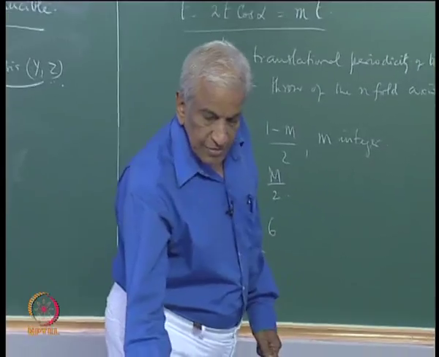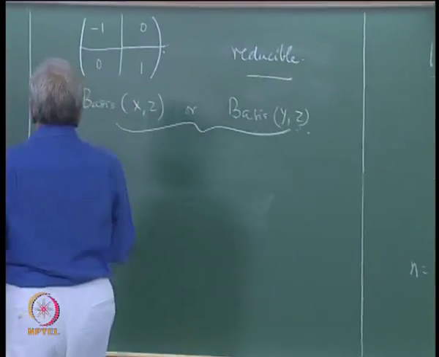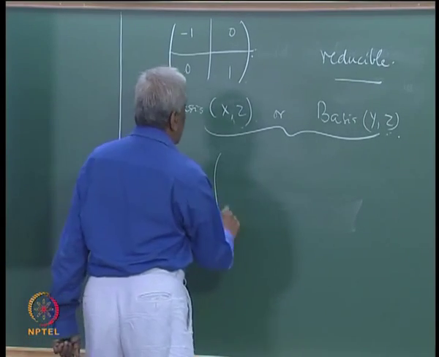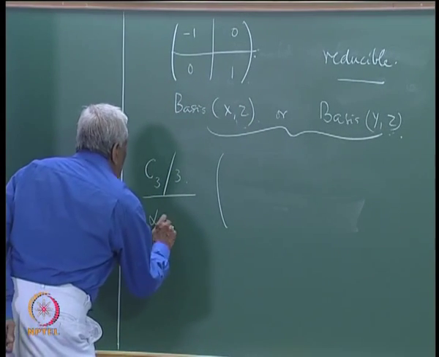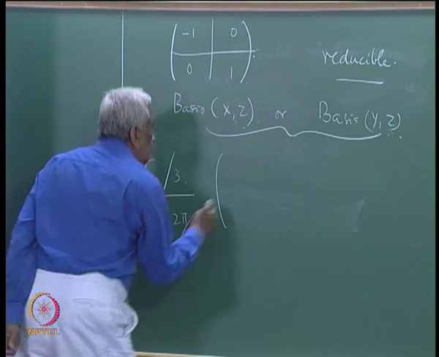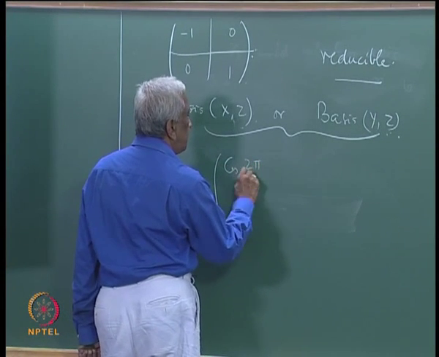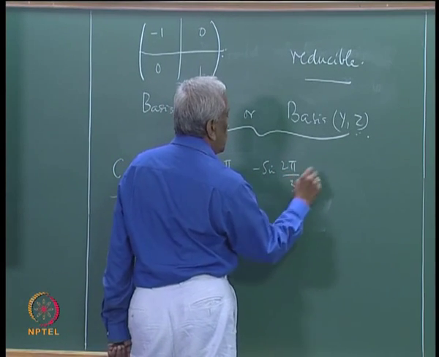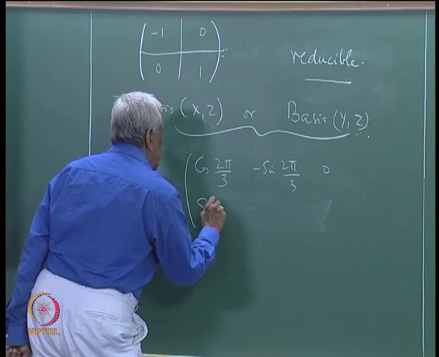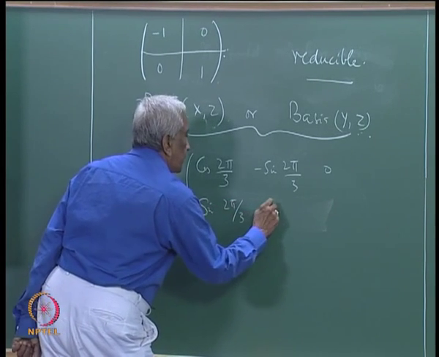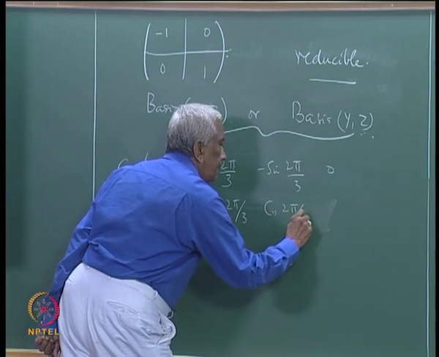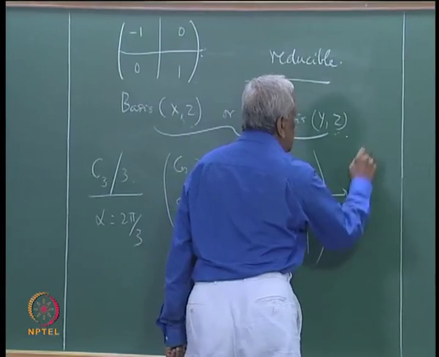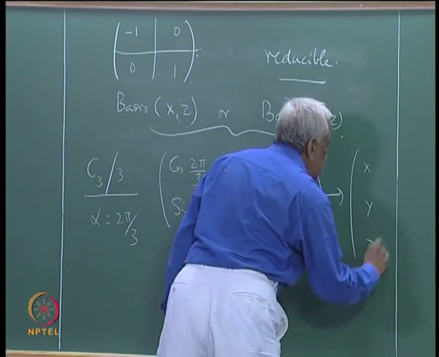Now, we proceed to a C3 axis. For the C3 axis, alpha is 2 pi by 3. So, I have cos 2 pi by 3, minus sin 2 pi by 3, 0, sin 2 pi by 3, cos 2 pi by 3, 0, 0, 0, 1, which is the full 3 dimensional representation with the basis x y z.